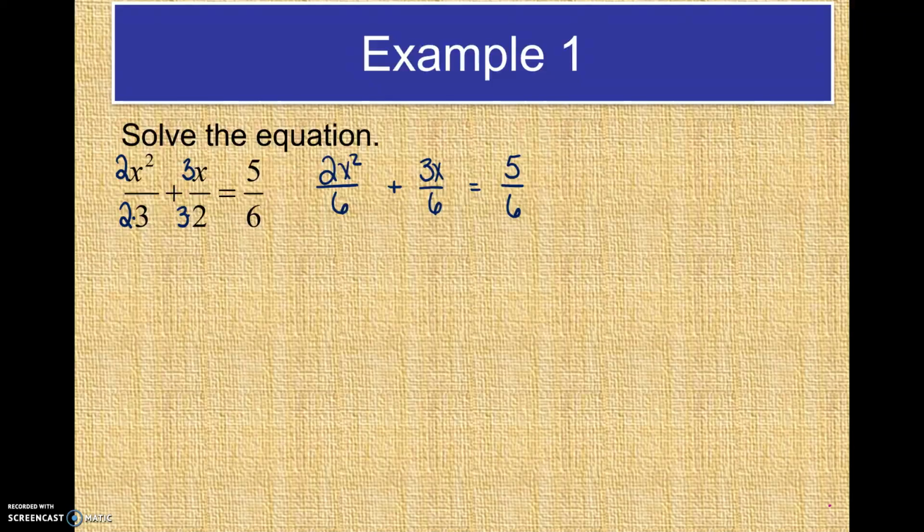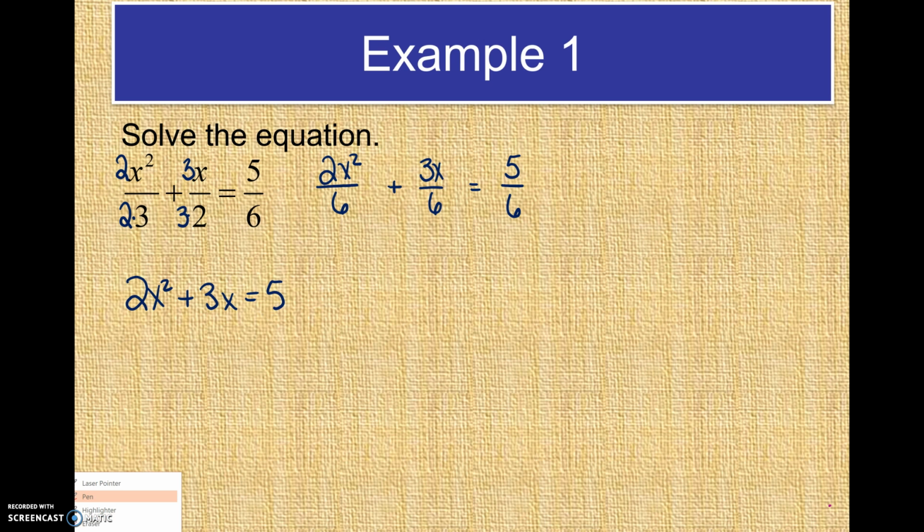If all of the denominators match, then all of the numerators are also going to match. So really, we can say that 2x squared plus 3x has to equal 5.